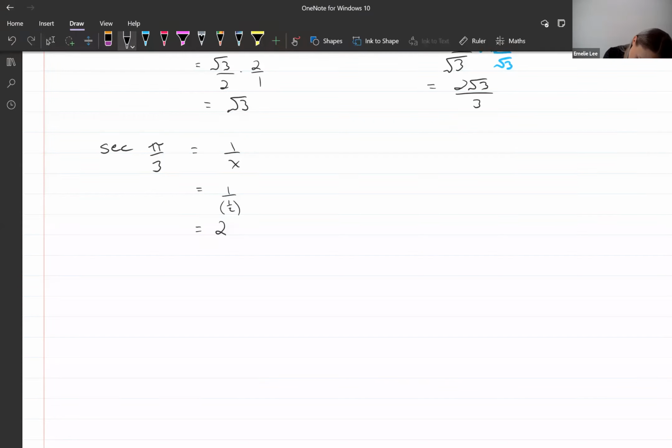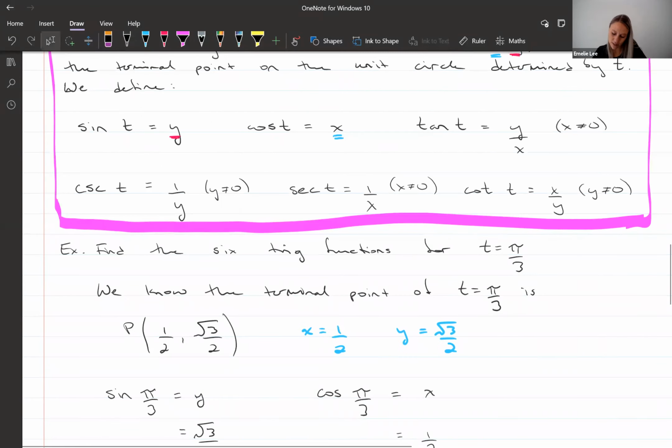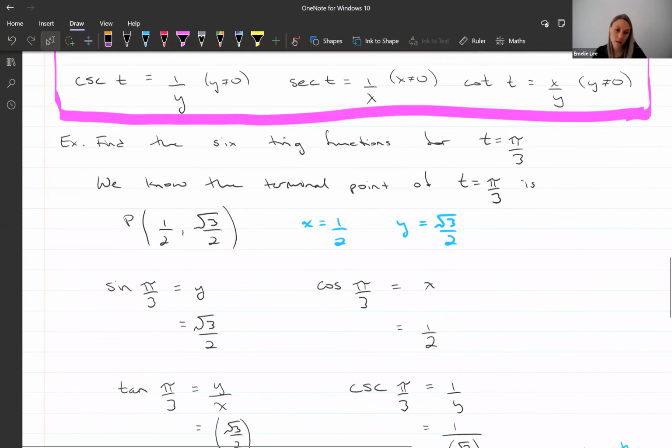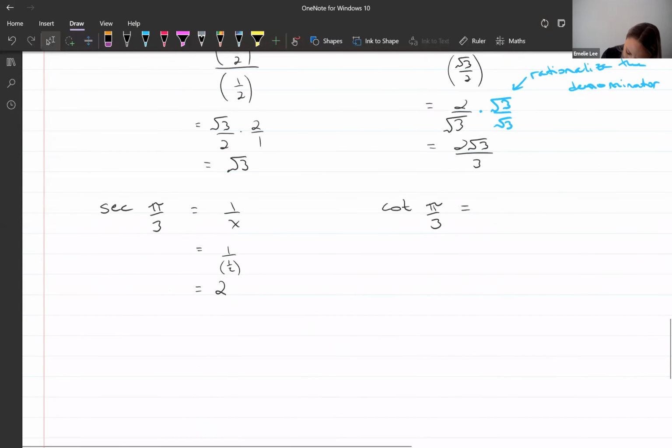And then finally, we're going to do the cotangent of pi over 3. The cotangent of pi over 3 is x over y, as long as y is not equal to 0, but we've already checked that. X is 1/2 and y is root 3 over 2. I've got a fraction over a fraction. I can flip and multiply.